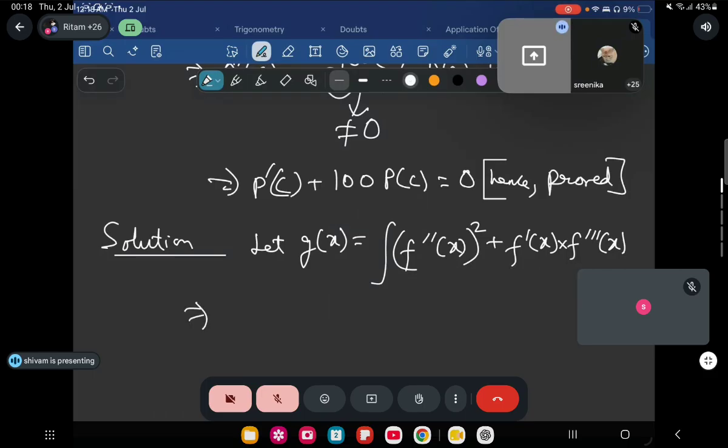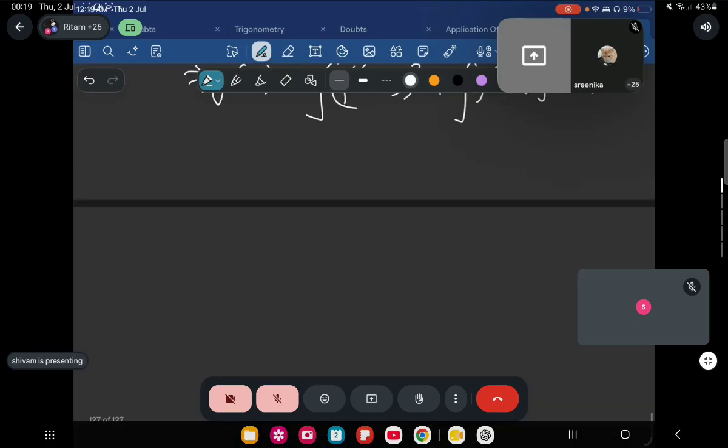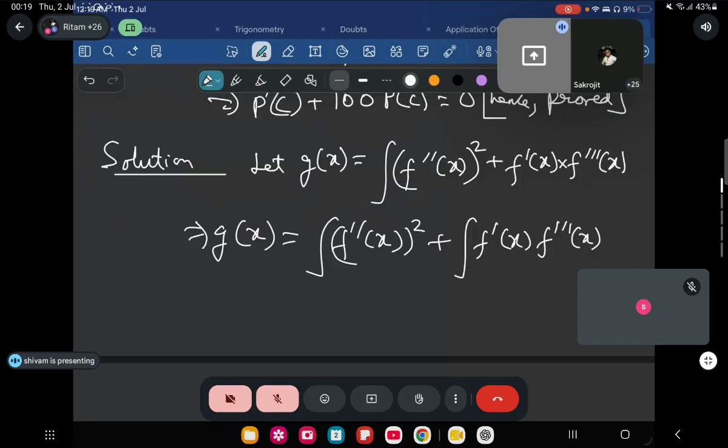What can we apply, everyone, in the second term? In order to integrate, what can we apply? Leibniz or UV rule. This will be equal to integral of f double dash x whole square plus, over here, let us apply UV rule.